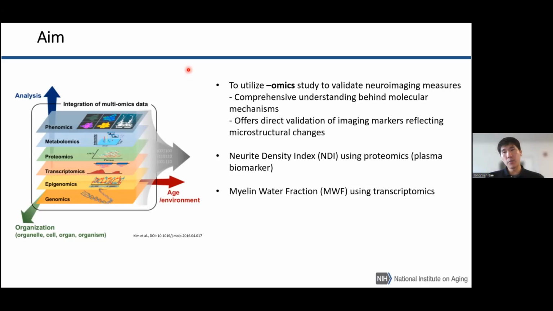So in this study, we adopted two omics datasets to validate two neuroimaging markers. We used proteomics to validate our neurite density index derived from diffusion imaging, and we used transcriptomics to validate our gradient-echo-based Myelin Water Fraction measures.